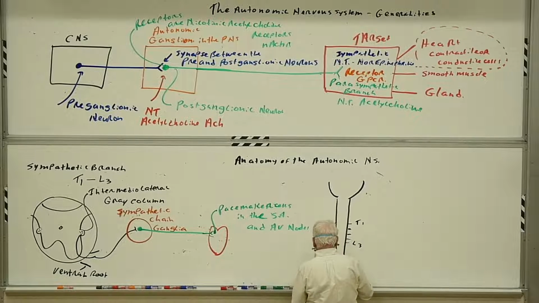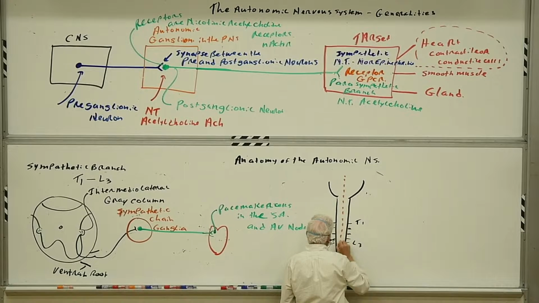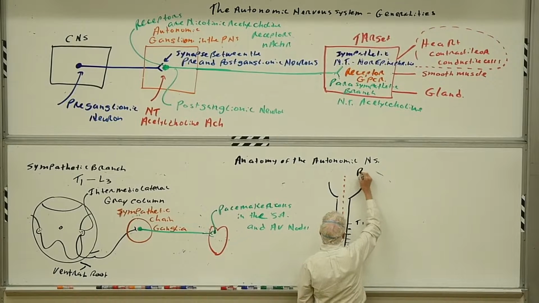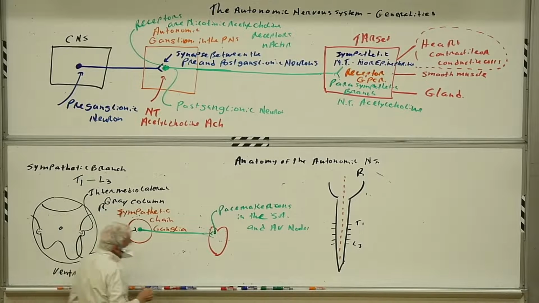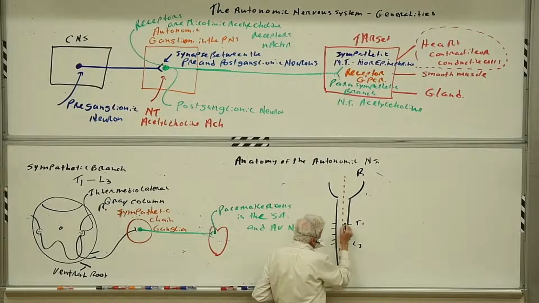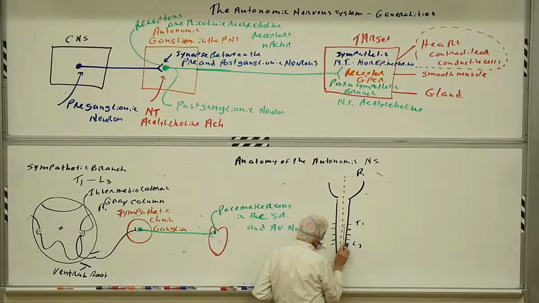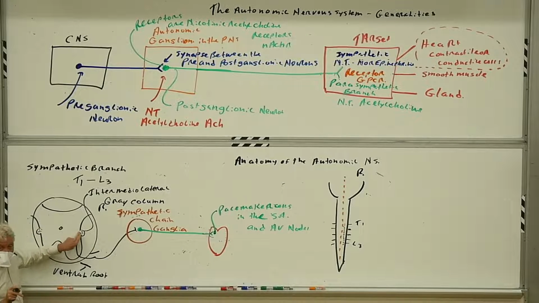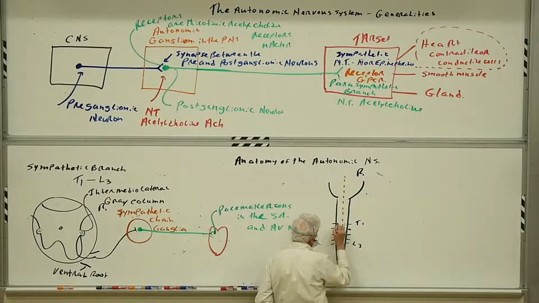And now if we imagine the bilateral symmetry that we've emphasized, and we say this is right, and we say this is right, we can see between T1 and L3 a column of these neuronal cell bodies. These are the neuronal cell bodies which we show here in cross-section as part of the intermediolateral gray column. Since we see this on both sides, we'll see two columns of these cells.